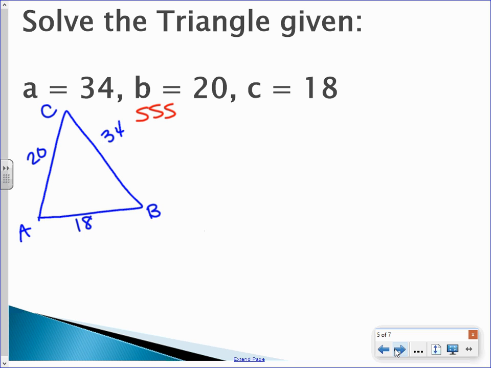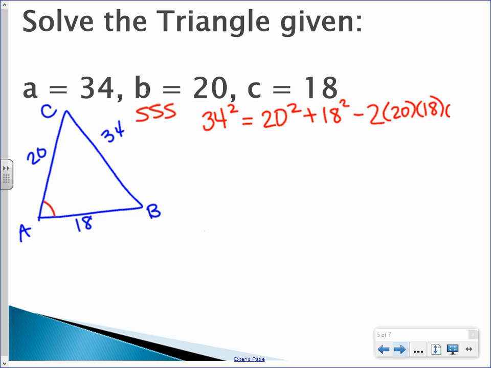All right, so we want to solve for angle A first, which means we need to write 34 squared equals 20 squared plus 18 squared minus 2 times 20 times 18 times the cosine of A. Okay, carefully with your order of operations.